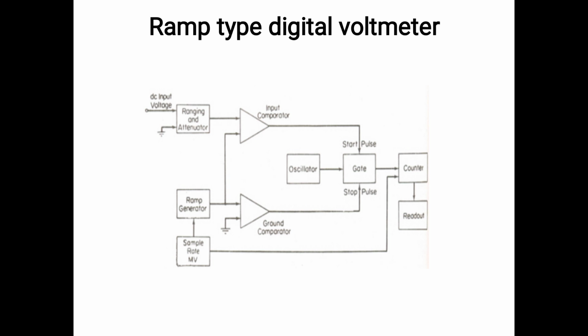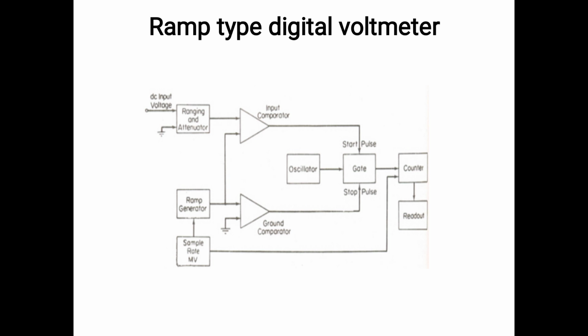After the required attenuation, it is given to the input comparator. This input comparator is nothing but an IC 741 op amp which performs the comparison.